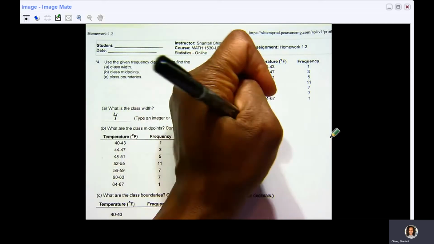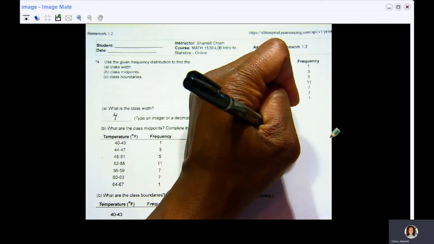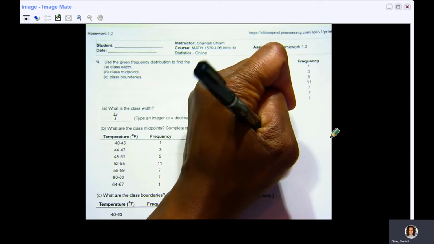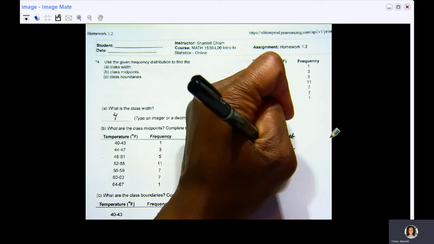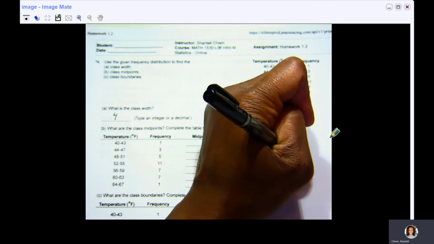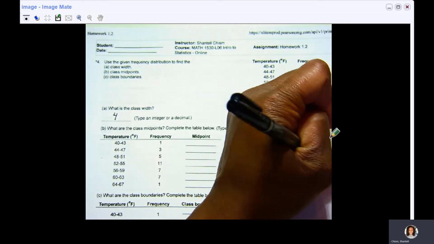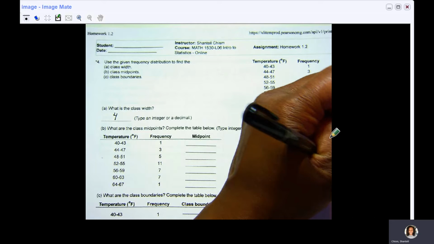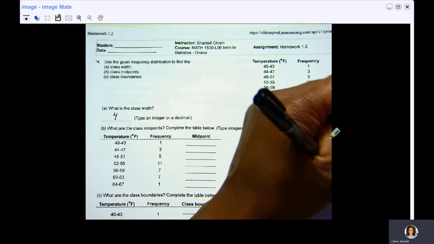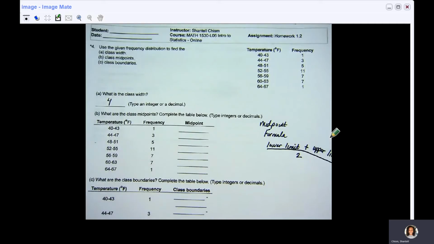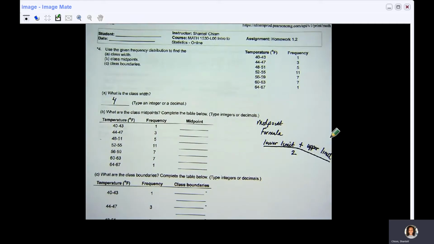So to get the midpoint, we have something called the midpoint formula. That is where you take the lower limit and add to it the upper limit and divide by 2. It's kind of off the screen a little bit.